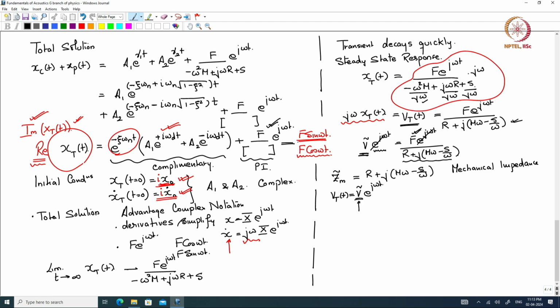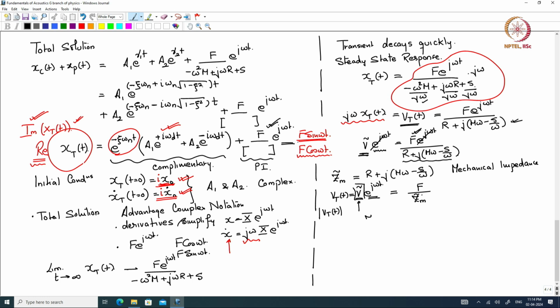Amplitude, I do not mean the modulus. Please do not mistake it for the modulus. By amplitude I mean this coefficient that is there with e to the power j omega t, that is equal to the force amplitude by Z tilde mechanical.